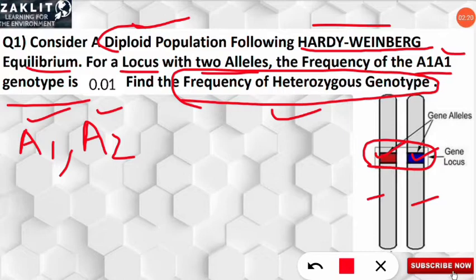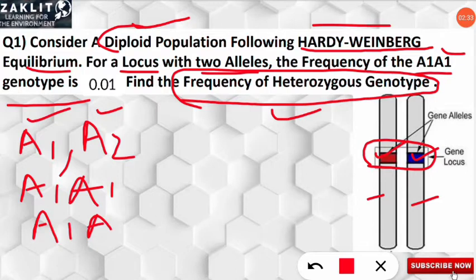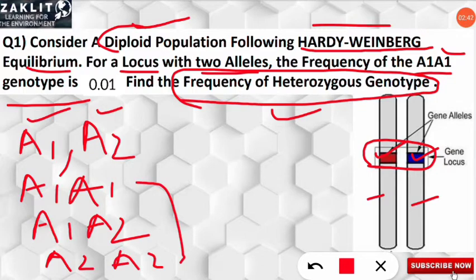Next, from here what we'll get is that there can be three possibilities of three different genotypes. That can be the combination of A1, so one parent will give A1, another will give A1, or A1A2. That can also be a possibility. That is the heterozygous case. Or A2A2. So A1A1 and A2A2, these two will represent homozygous recessive or homozygous dominant.